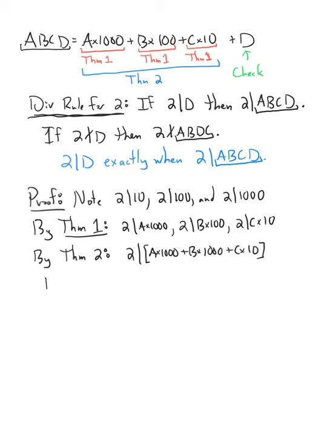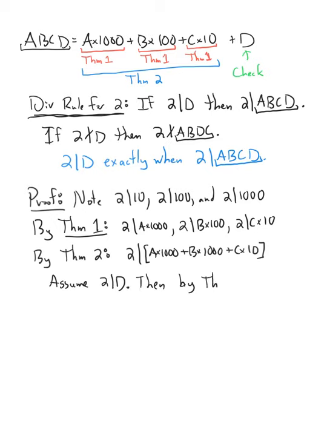Now, let's say assume, go wrong color here. Let me fix this. Let's go black. Assume 2 is a factor of D. Then, I should put a period here and a capital letter, since that is a new sentence.